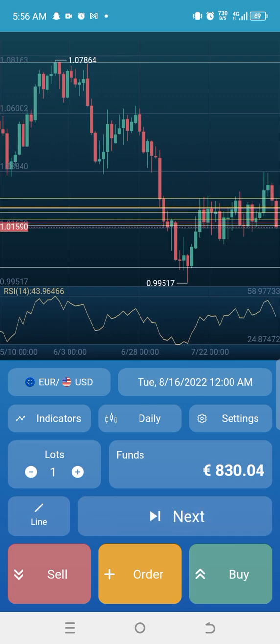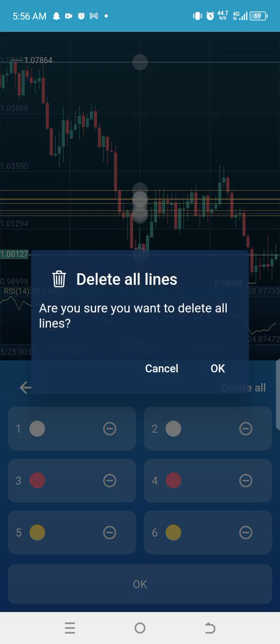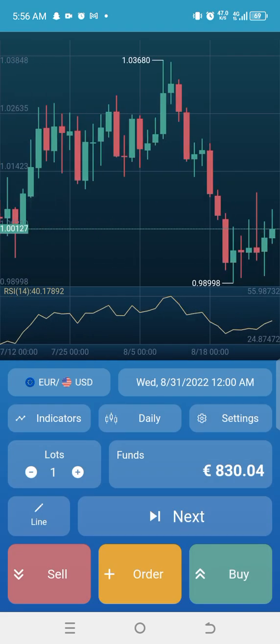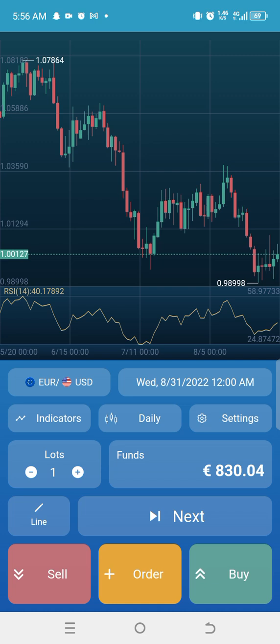So let's wait for price to leave. Price has left that area and has formed a kind of interest as well, which is up here.